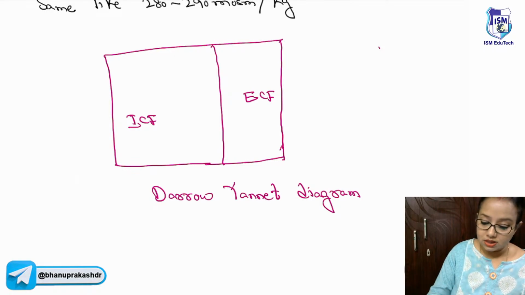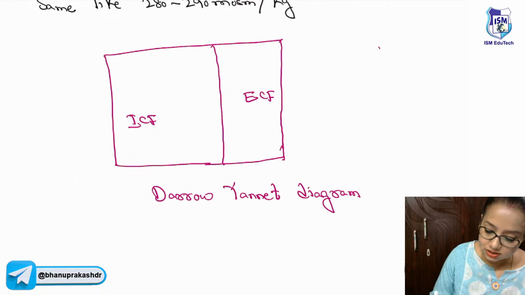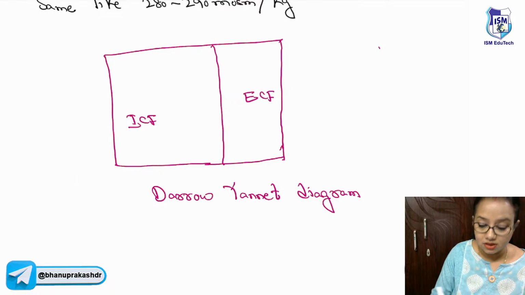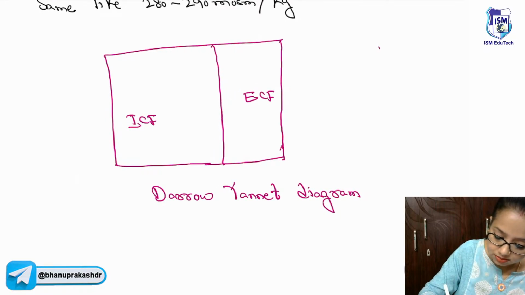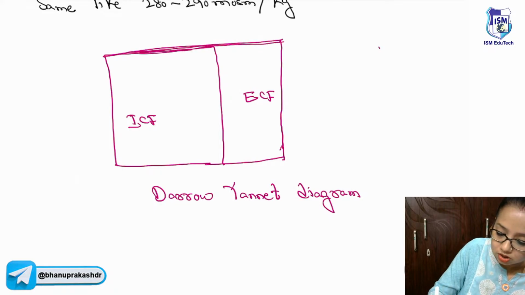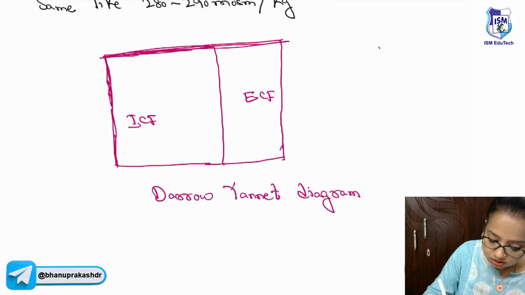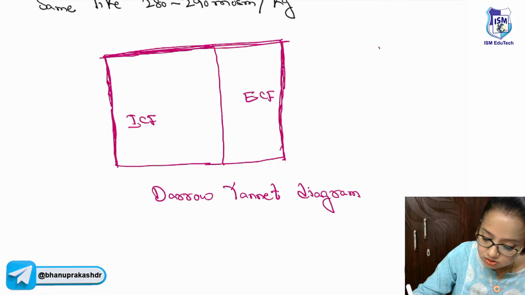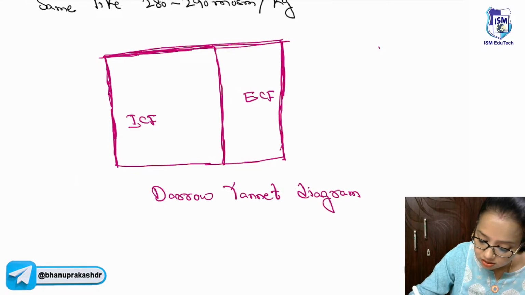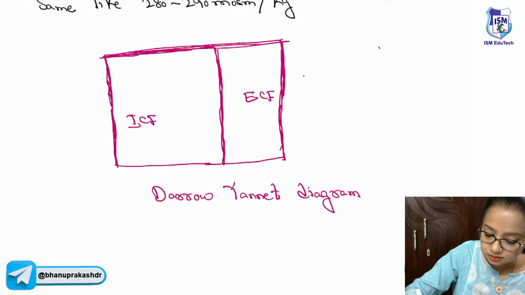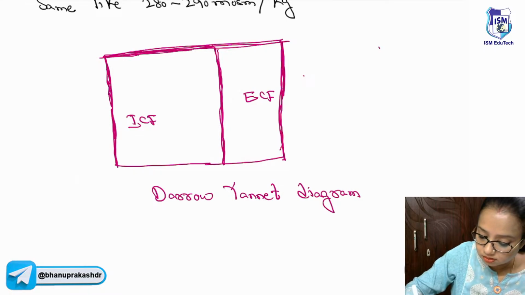Okay. So here what we will do is that we will draw the cell like this. On the right side will be the ECF and on the left side will be the ICF. Now this solid line, see I'm drawing once again, this solid line that I'm highlighting. This vertical line will mean the osmolarity.